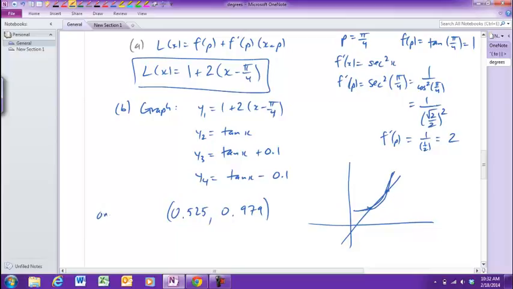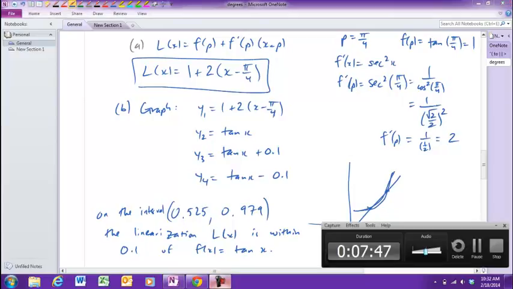So I will say on the interval 0.525 to 0.979, the linearization L of x is within 0.1 of f of x equals tangent of x. And that's my answer for that question right there.